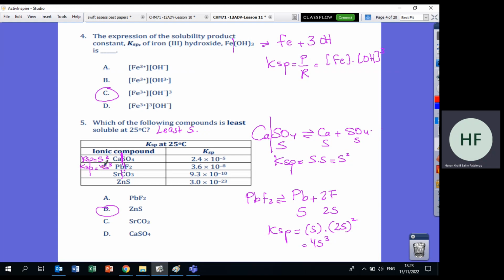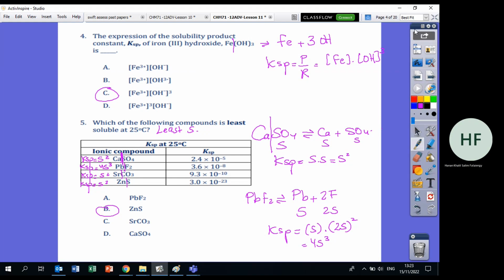You put the value of Ksp and find S. This one is the same like this one, S times S. So here Ksp is equal to S squared. And this one is also the same like this one. So Ksp is equal to S squared. In each case, you can find S and you can compare it, but the smallest one will be this one. Okay, now next.